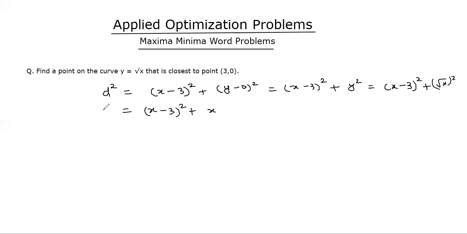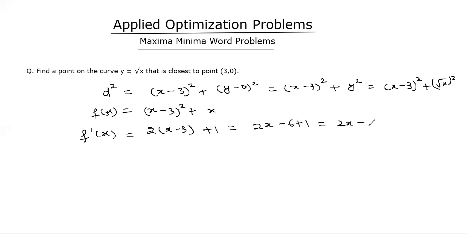This is d squared, and let's say this is the function. We have to optimize this function. Finding the first derivative gives us 2(x minus 3) plus 1, which simplifies to 2x minus 6 plus 1, or 2x minus 5.